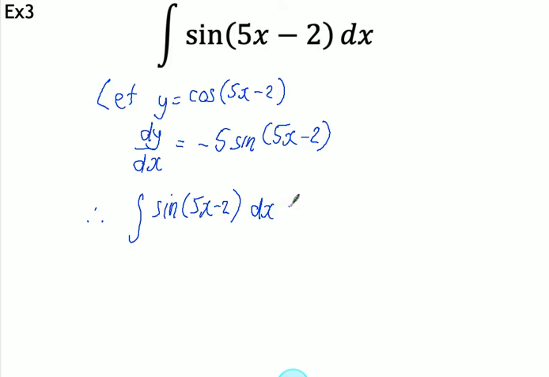With respect to x, I want -1/5 of cosine 5x subtract 2 plus my constant. So this is just one of the many methods that we can use to integrate slightly more complicated functions, particularly when the input is an expression rather than just a variable.